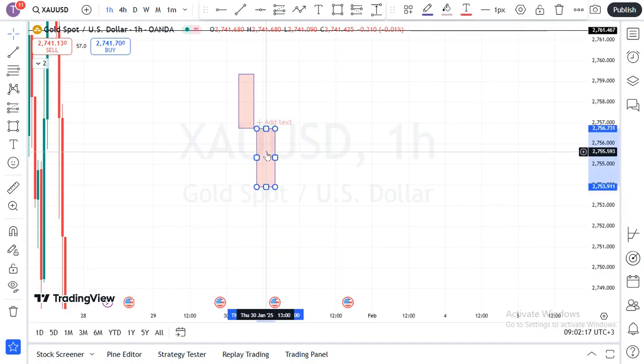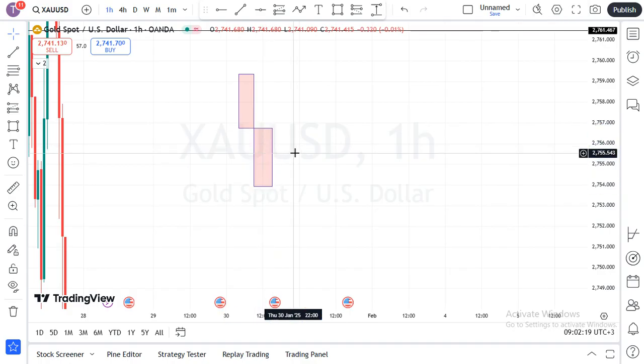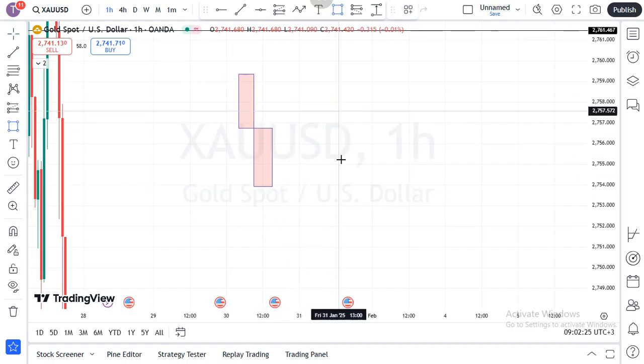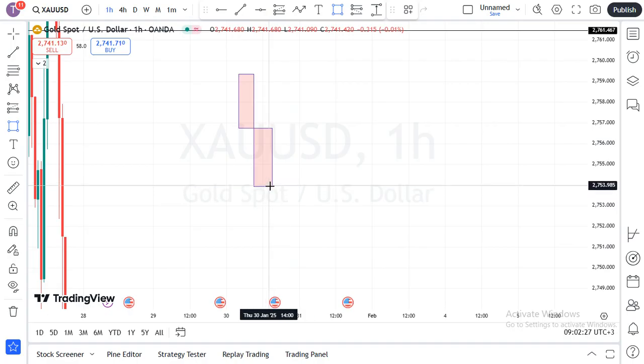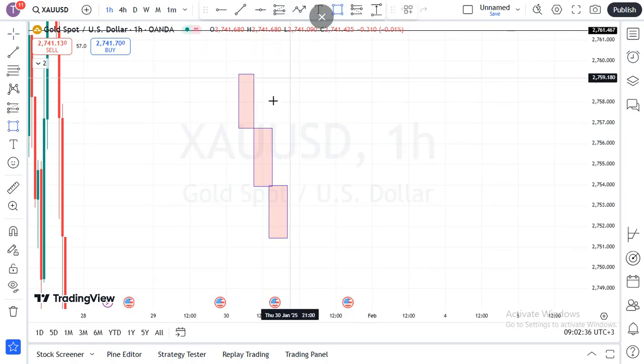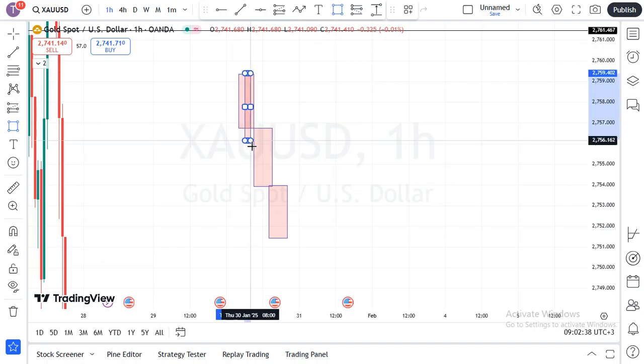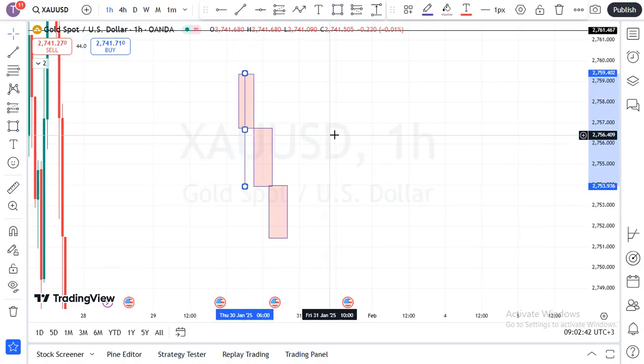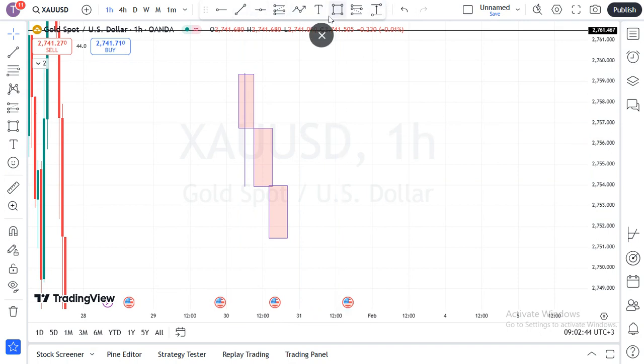So this is just an illustration. I assume it is dropping. Maybe we're having wicks here.